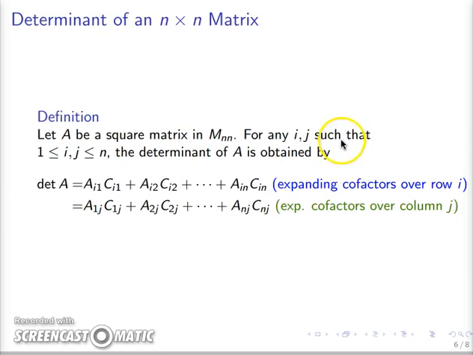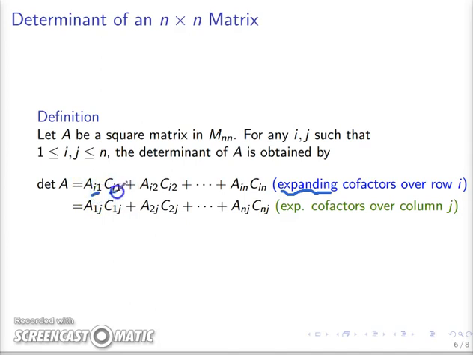In general, the determinant of an n by n matrix is defined by what can be considered a linear combination of the cofactors. You choose a row or you choose a column, and then you expand over that row or over that column. So here, for illustration, the first expansion is occurring.